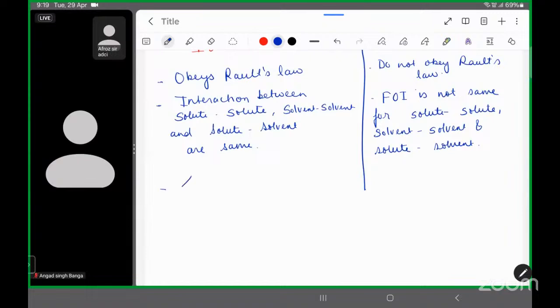It means there is no enthalpy change, delta H mixing is equal to 0. Delta H is the enthalpy change, the energy required. Suppose we have two components, 1-1 and the other component 2-2.